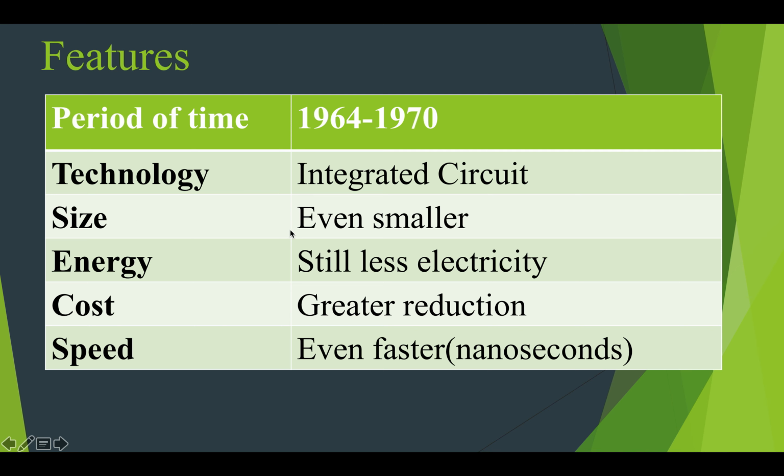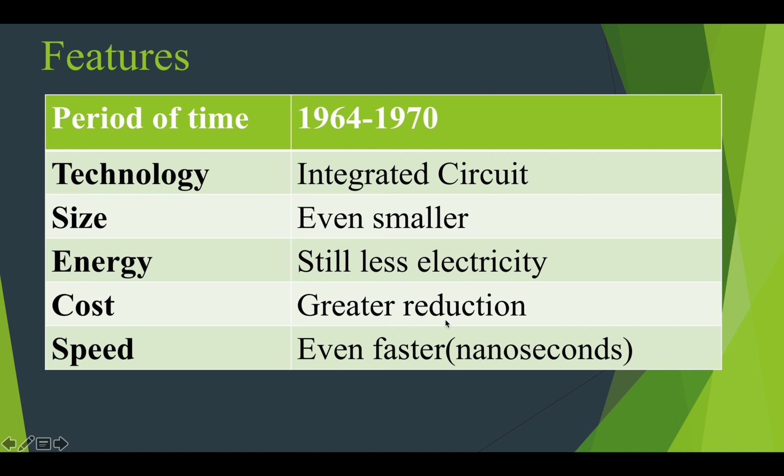Its size was even smaller than the previous generations of computer. It used less energy, less electricity, produced less heat as compared to the previous two generations of computer. It used fan for heat discharge to prevent damage.